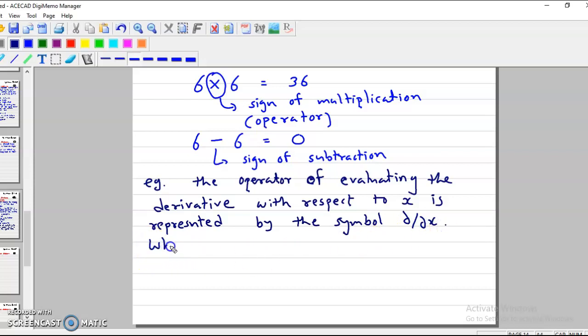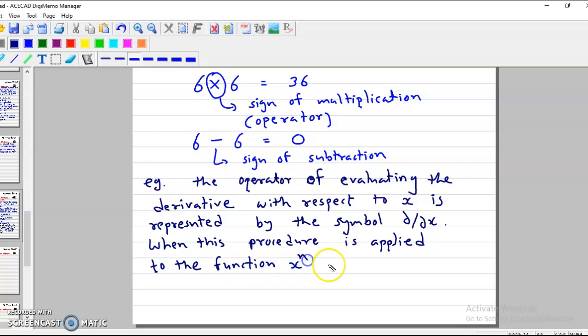When this procedure is applied to the function x raised to n, we obtain a new function.